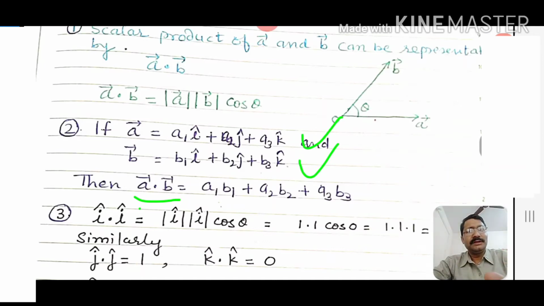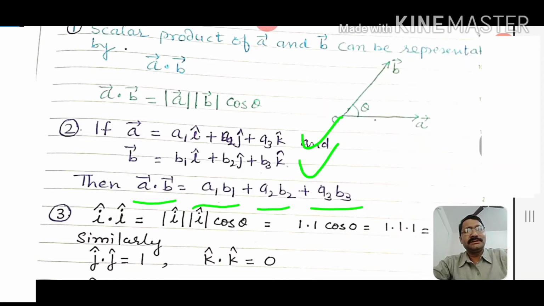Means here A1 B1 plus A2 B2 plus A3 B3. So this is very simple, A dot B will be equal to A1 B1 plus A2 B2 plus A3 B3, that you understand.